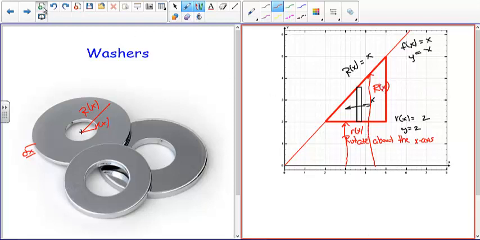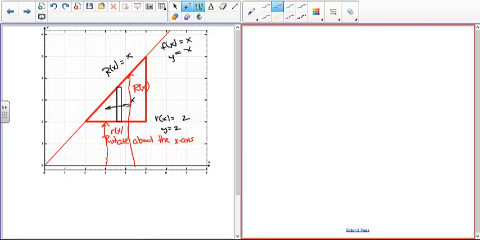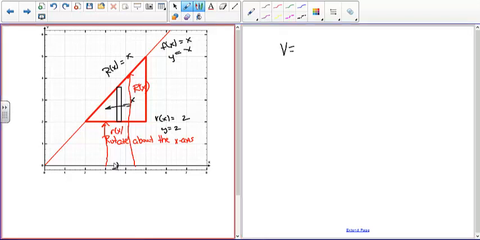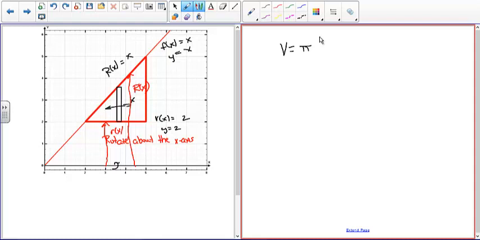Knowing that I'm rotating around a horizontal axis, which I am in this case because I'm rotating around the x-axis, I know that I need to use this equation. The things I have to determine to set up this equation are the equation for the outside radius, the equation for the inside radius, and the limits of integration.